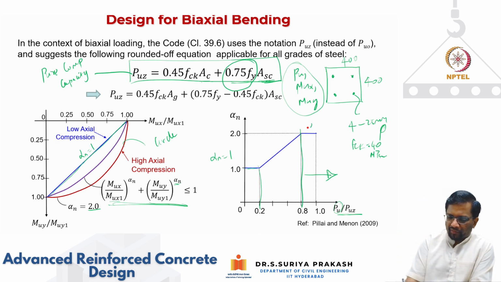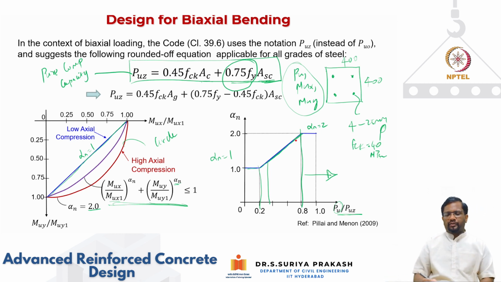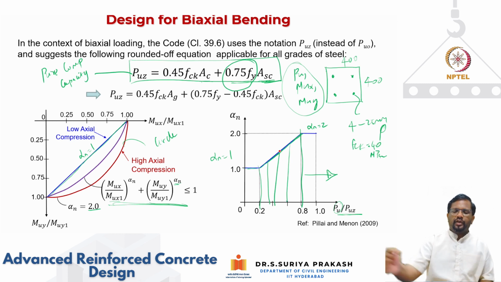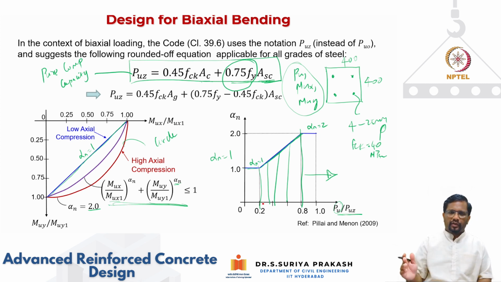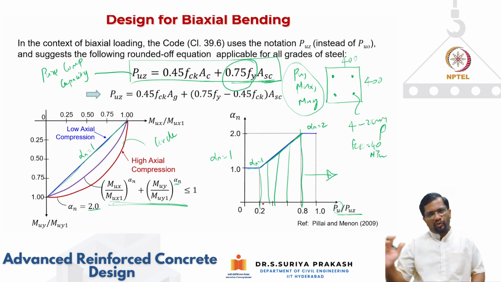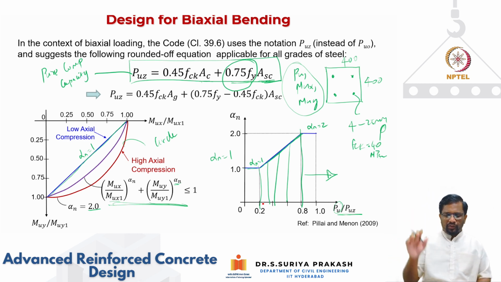In that case, alpha n is taken as 2. For in-between values, the code says you interpolate. If I have 0.3, I interpolate using this line. So when Pu by Puz is less than 0.2, alpha n is taken as 1; when it becomes more than 0.8, alpha n is taken as 2; and for intermediate values, you have to interpolate. That is what the code is saying.